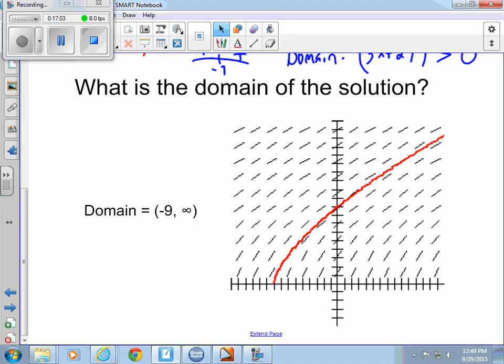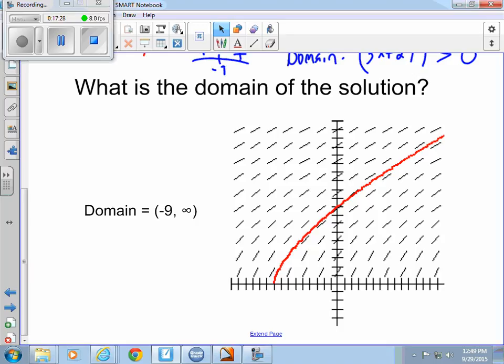The derivative that we had at the beginning tells us a bunch of slopes, right? So this is a graph, a field plot of every slope that they would draw by hand. This is all the different little slopes from that derivative. Well, at -9, the slope is undefined, correct?